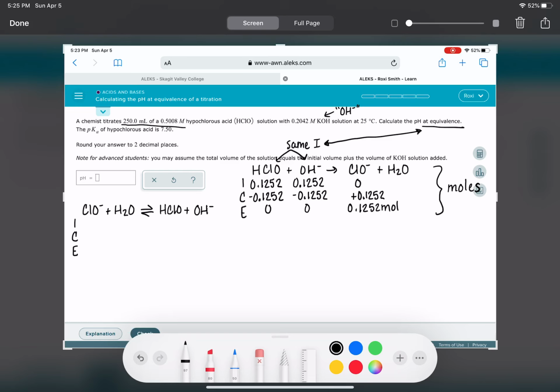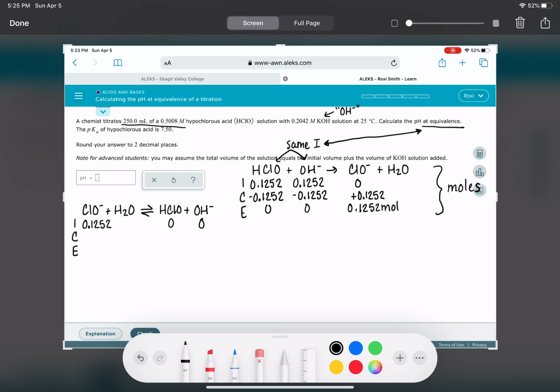So we need to make another ice table to look at how much OH minus is produced from our 0.1252 moles of ClO minus.